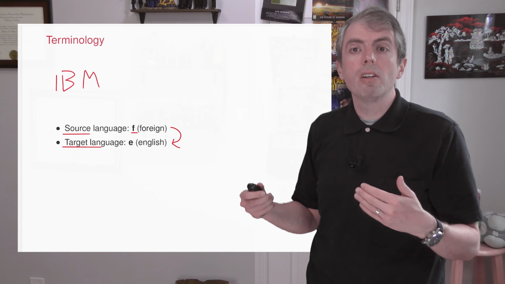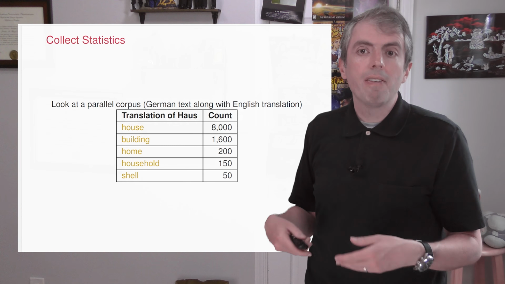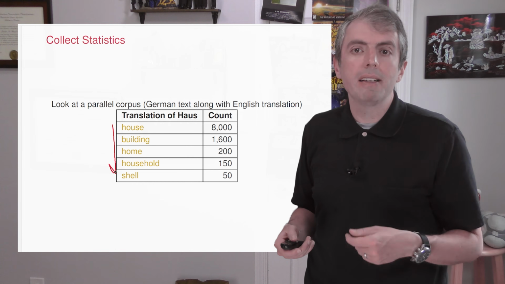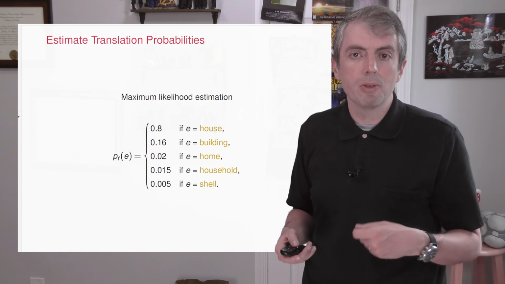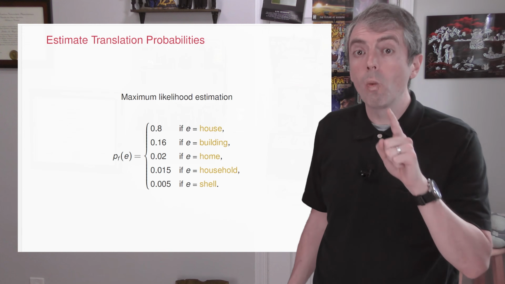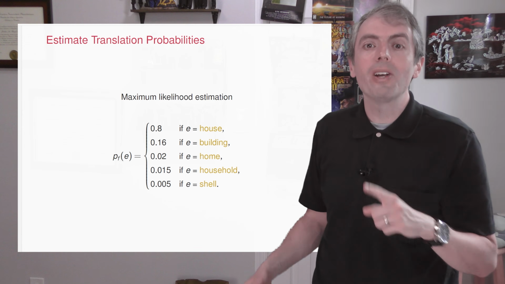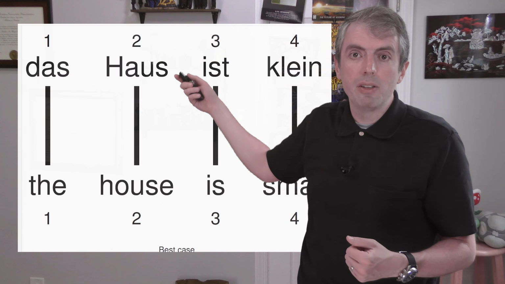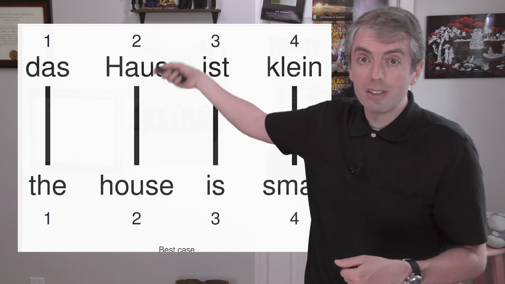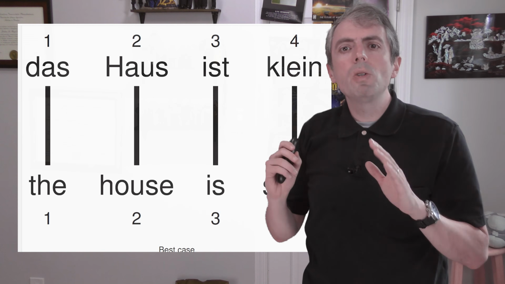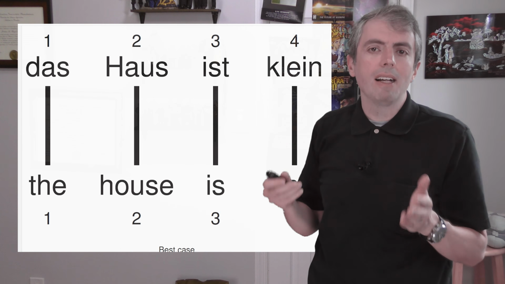So the first step is to look at a bunch of parallel data, find all of the translations of those words, and then create a maximum likelihood estimate of those possible translations. But wait! Parallel data don't tell you which word to translate to which other words. For that, you're going to need an alignment. An alignment tells you which words in the English text line up with which words in the foreign text, F. But you don't always have beautiful, perfect alignments like this.